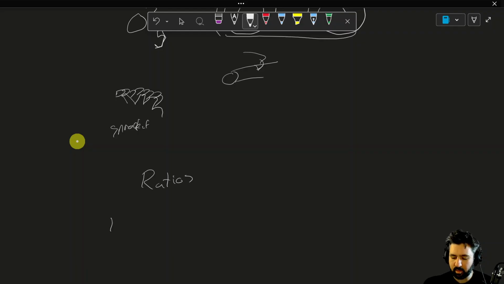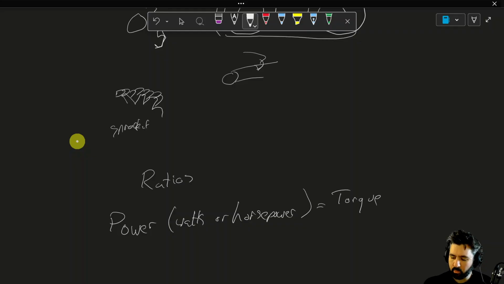So the general formula here is that power, which you can think of as watts or horsepower, is going to be equal to the torque, which you can think of as the twisting force.